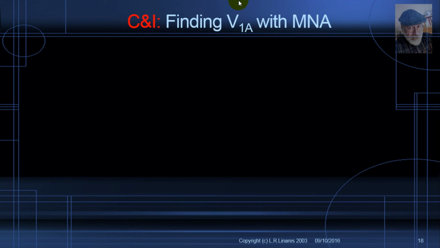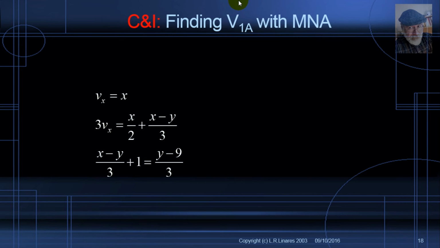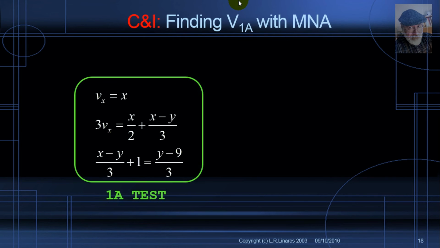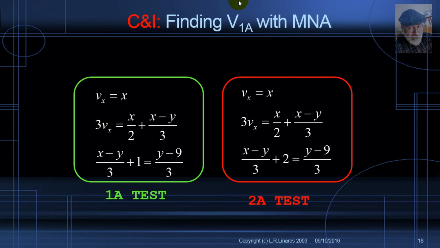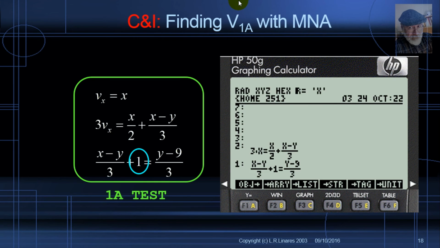But please observe one thing. Let me write side by side the M&A equations for the 1 amp test and the M&A equations for the second test with the second current Ib. You notice that they are just the same. The only difference is the value of the current source. So what? Well, if you write those equations in the HP50G like so, you see where the 1 amp is there in the second equation.